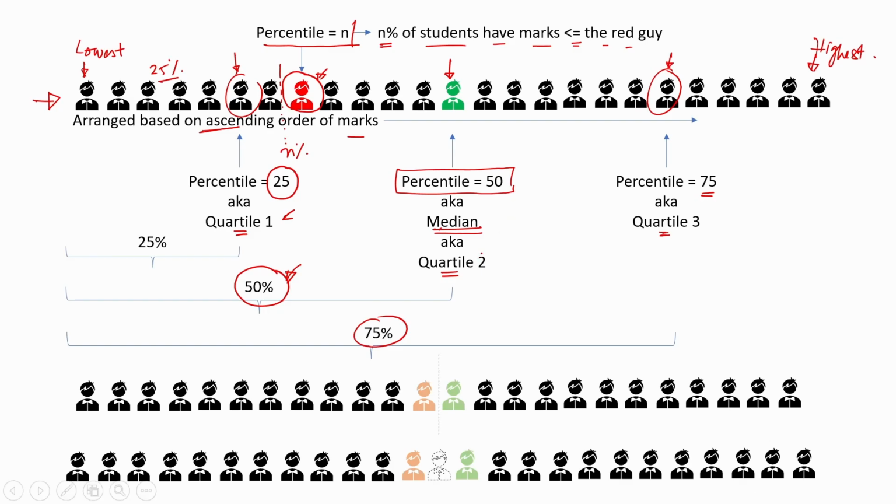So this is the basic definition of percentile and quartile. Quartiles are always special cases of percentiles. The 25th percentile is quartile 1, the 50th percentile is quartile 2 or the median, and the 75th percentile is quartile 3.